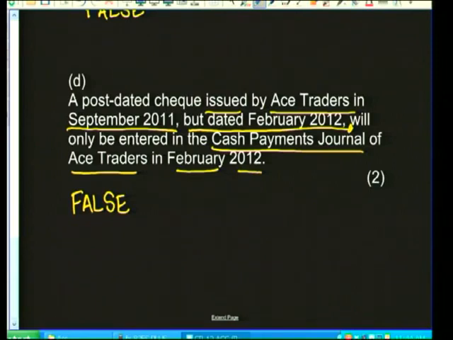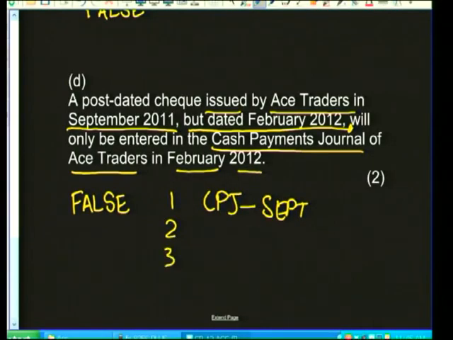This post-dated check, we are writing it out. It's dated for February 2012, but will be entered in the cash payments journal of September. That's right. The moment you write out a check, it will be entered in your cash payments journal for that particular month. Yes, it's dated for February, meaning it's a post-dated check.